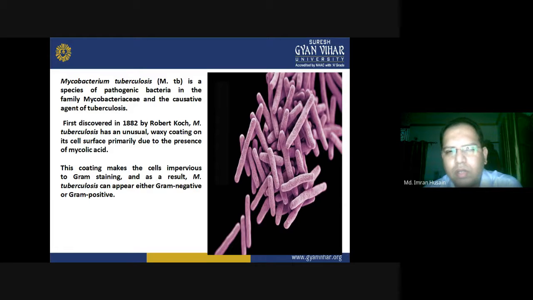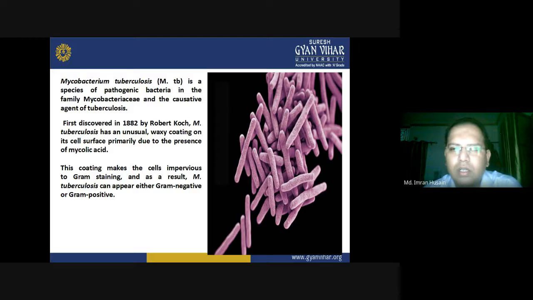So what we have learned here is Mycobacterium tuberculosis was first discovered in 1882 by Robert Koch. It is a pathogenic bacteria of the Mycobacteriaceae family, and it produces tuberculosis in the lungs of its victim.